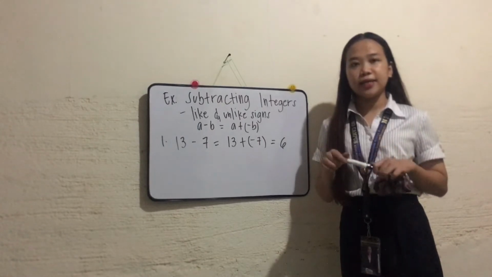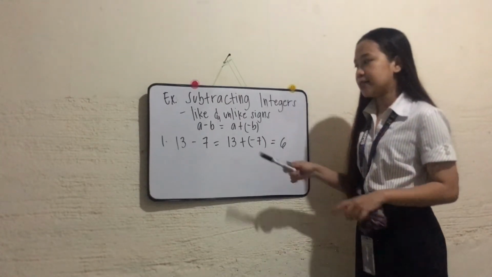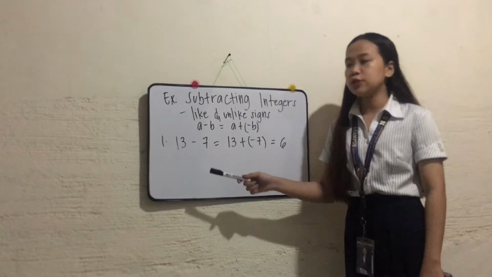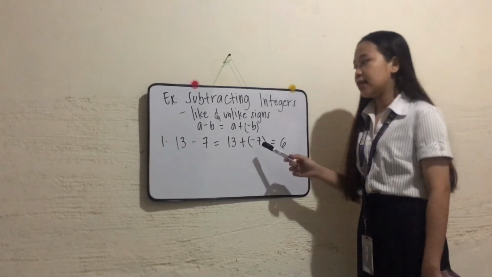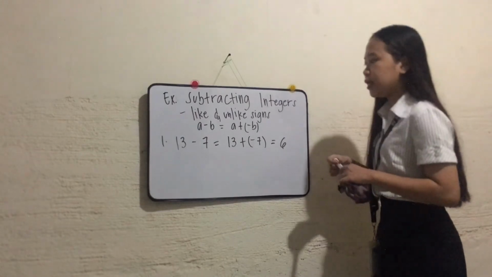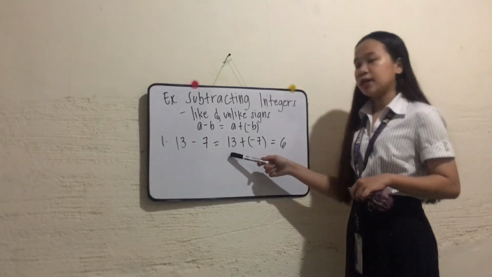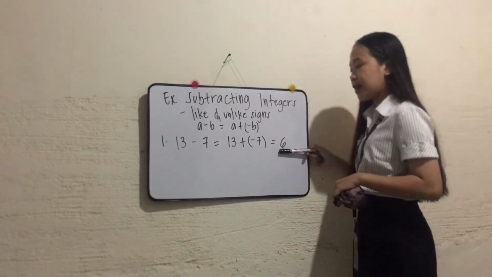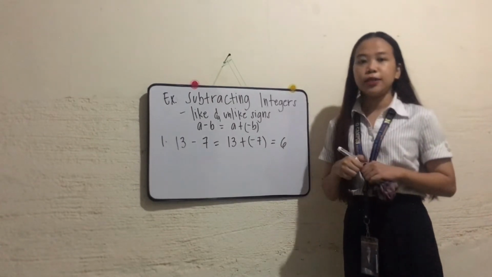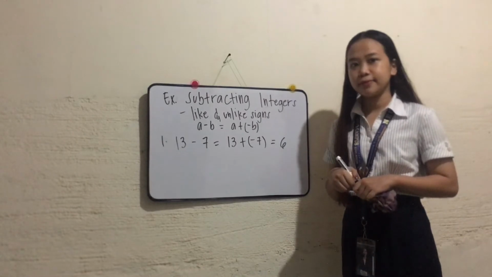Listen carefully class, if the given have the same positive sign, we just have to subtract the two of them and then use the sign of the larger number. In here, positive 13 has a larger number, so the answer will be positive. Did you get it? Yes, ma'am.